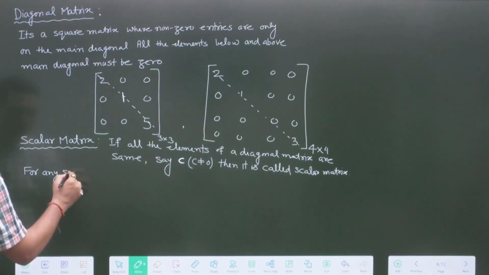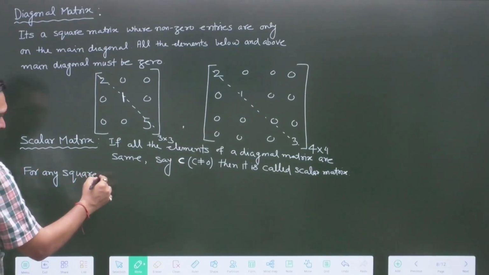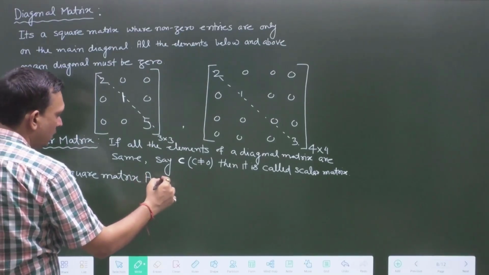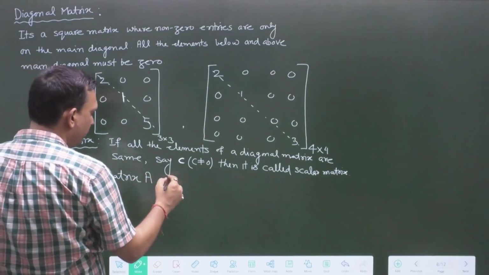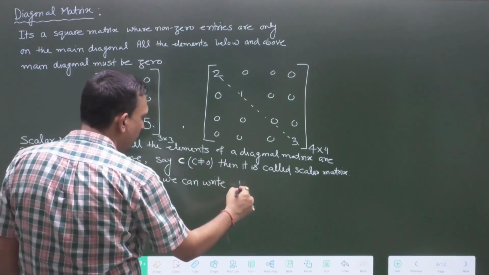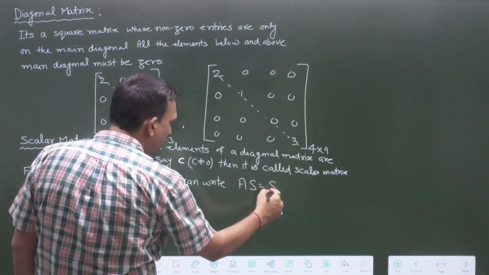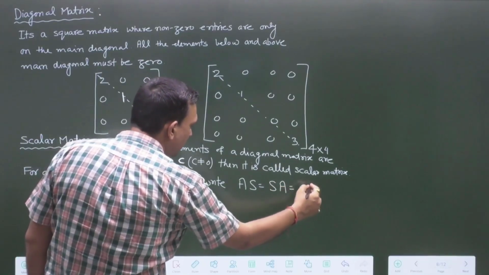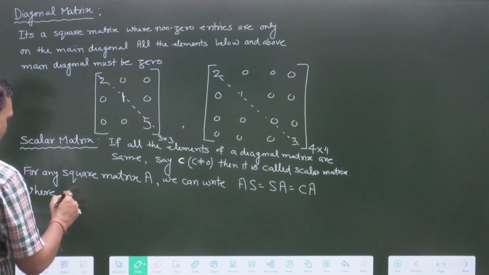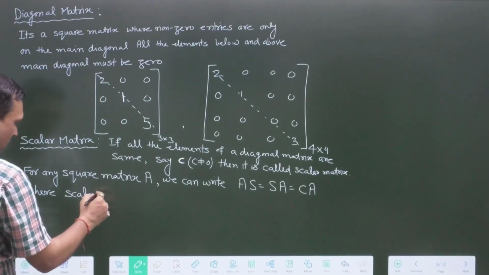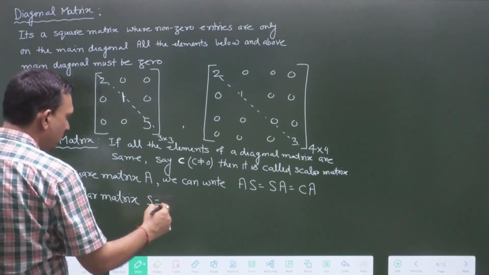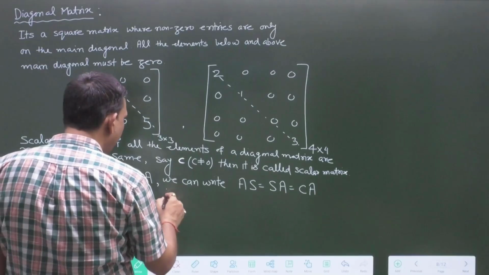For any square matrix A, we can write AS, where S is a scalar matrix, C into A, where scalar matrix S is, let's say I am writing it as a 3 cross 3 matrix.